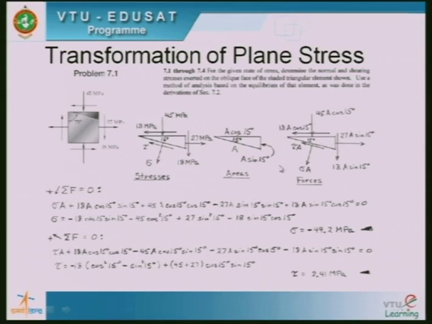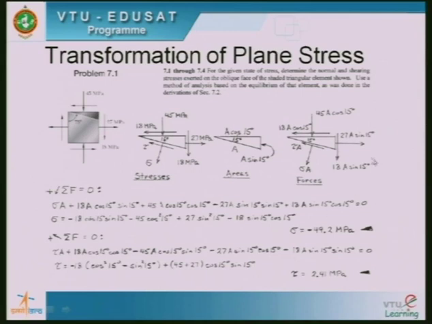Next, we take 27 A sin 15 degrees, resolving along this one. I get the sense to be opposite, so it is negative: minus 27 A sin 15 degrees into the angle theta, which is 15 degrees, so you multiply it with cos 15.